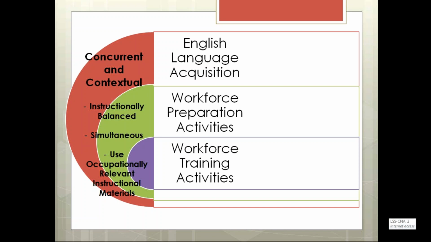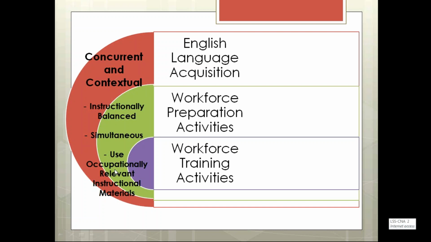So this slide before you shows these 3 key components, key aspects of IET, that these 3 areas of IET instruction are instructionally balanced, simultaneous, and use occupationally relevant instructional materials. I think I didn't mention that one before, but that allows us to be contextual.